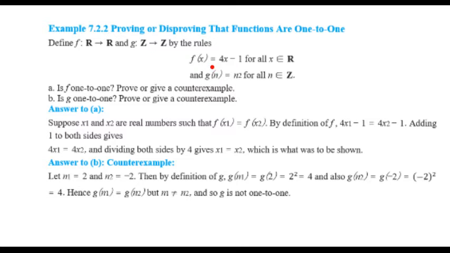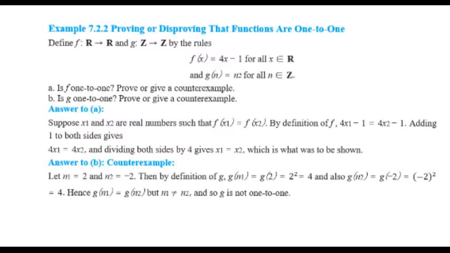F is defined by this equation: F of x is 4x minus 1 for every real number x, and G of n is equal to n square. Sorry, this is n square for every n belonging to the set of integers. And the question here is: is F one-to-one, and is G one-to-one? You can either prove it or disprove it. If you want to disprove it, you have to give a counterexample.